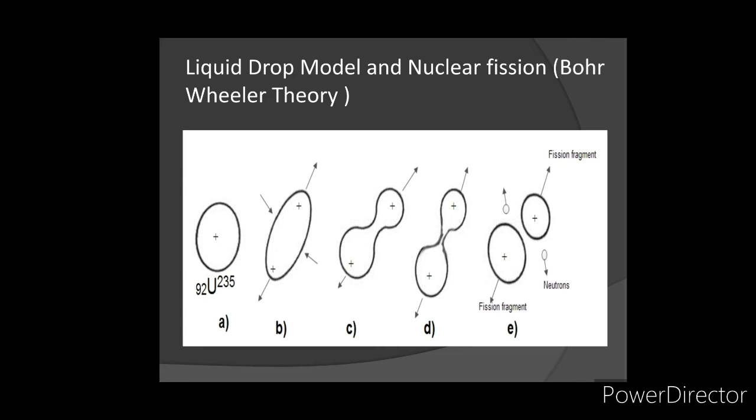This means the division of charge takes place in two portions with a narrow neck.